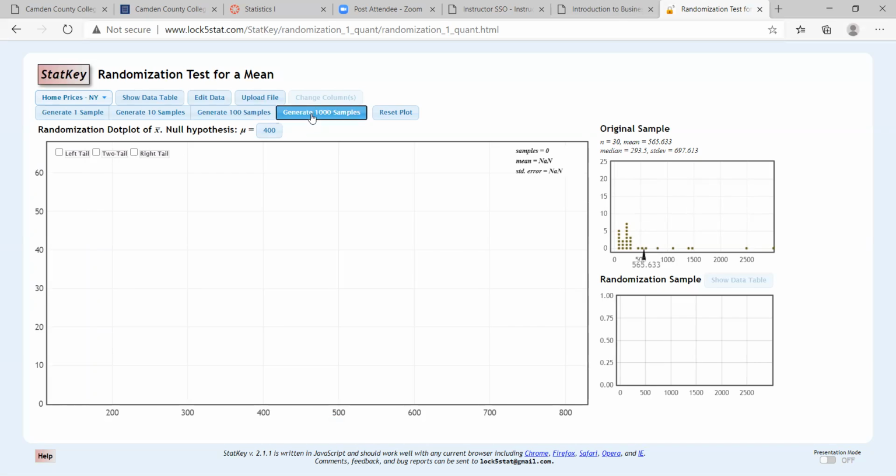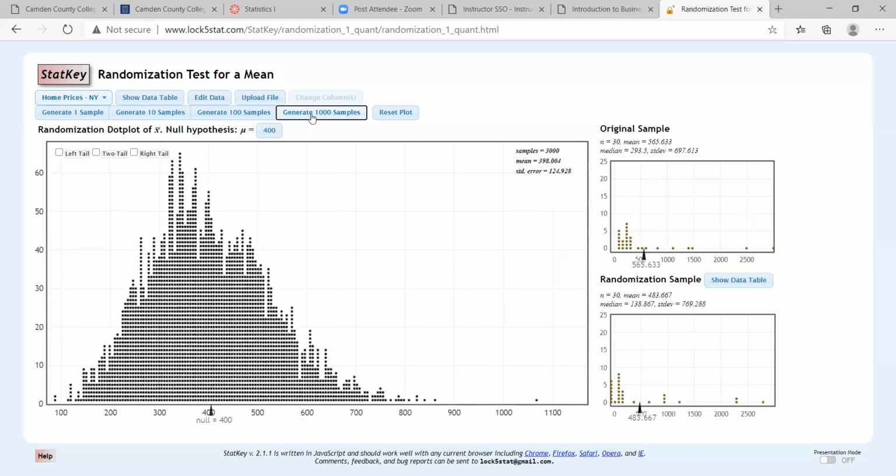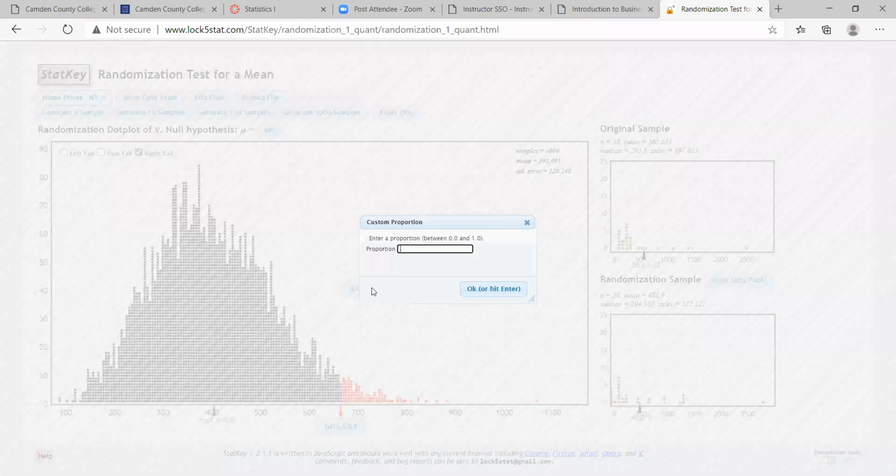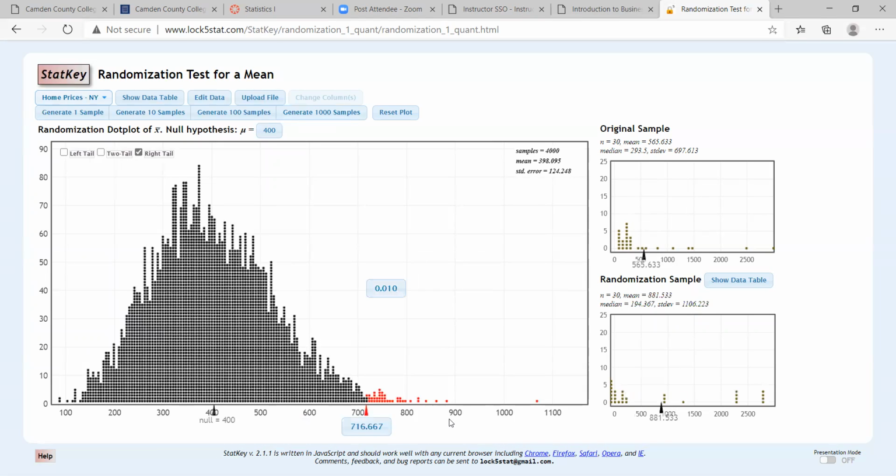We'll generate maybe 4,000 samples. Our null is now 400,000, we want a right tail test, and our alpha is 0.01. Where's our sample statistic? It's well in this area, so we don't reject it for sure.